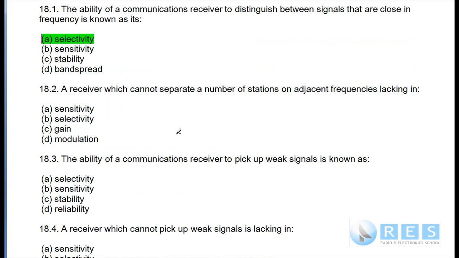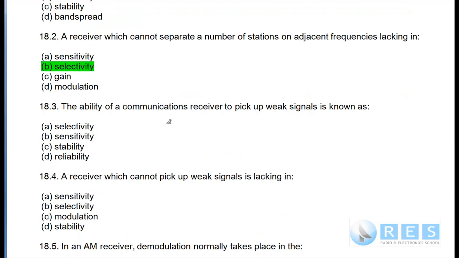A receiver which cannot separate a number of stations on adjacent frequencies, that's nearby transmitters not very far away in frequency, that is a property called selectivity. Selectivity is the ability of a receiver to receive the desired station and reject other stations that are close by in frequency.